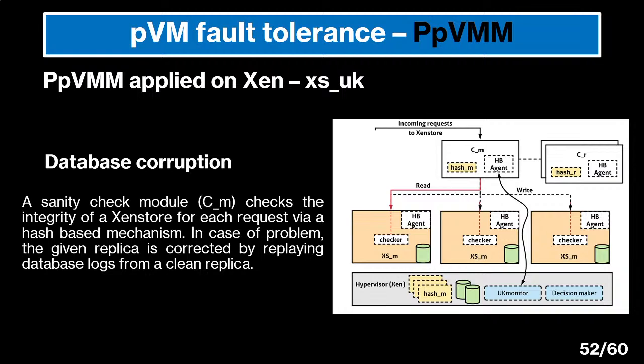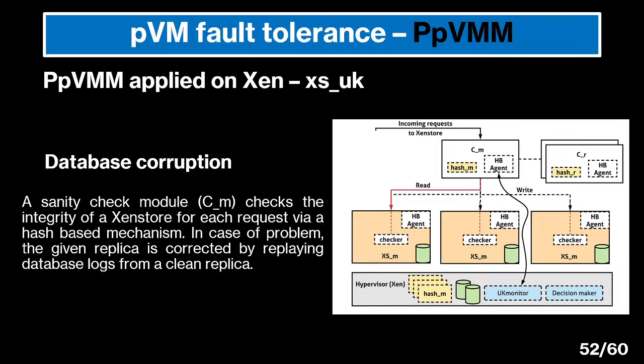What happens for a read request is that, for the selected XenStore that has been chosen to compute the request, we are going to compute the hash of the database of that XenStore and compare it with a hash that is constantly maintained in the hypervisor. And if the two mismatch, we can detect that there has been a problem, and we will send the request to another XenStore while triggering the recovery of this faulty XenStore.